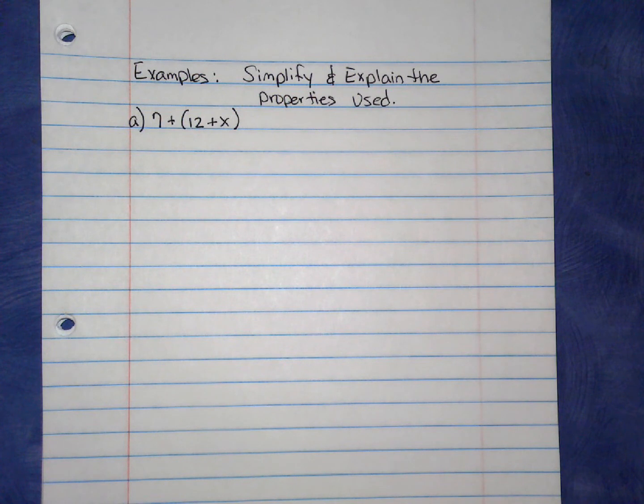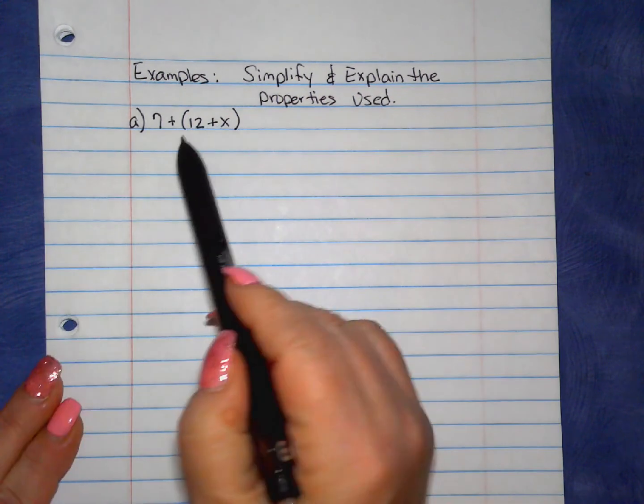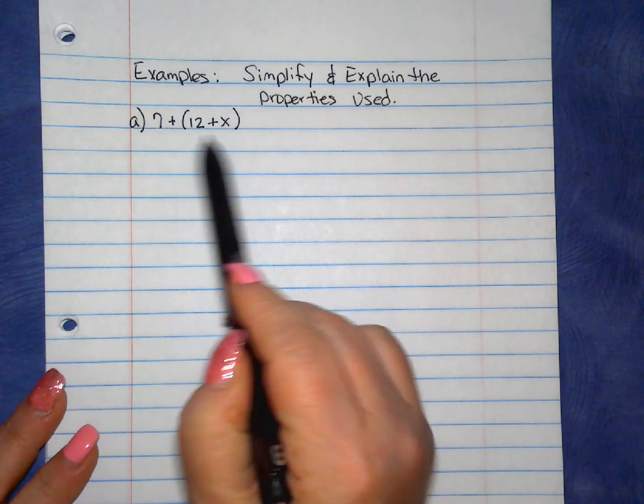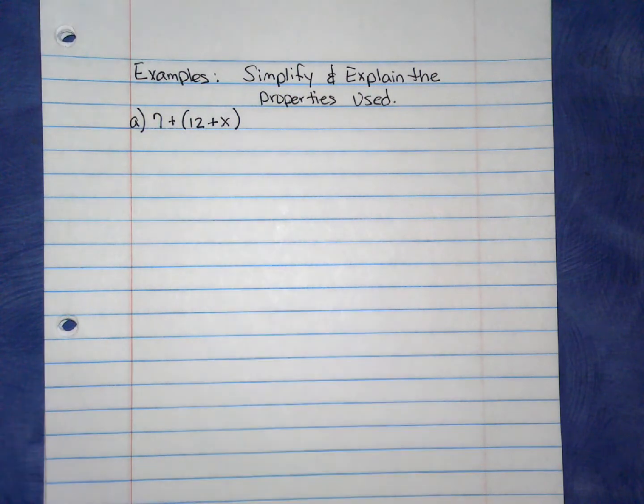So if you remember our properties, you're going to remember that I can't really switch anything up because this is in parentheses, so it's kind of locked. So the only thing that I can do is change what's in the parentheses, okay? So that's the associative property.